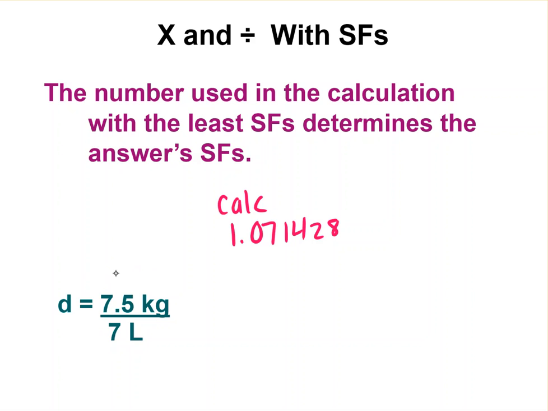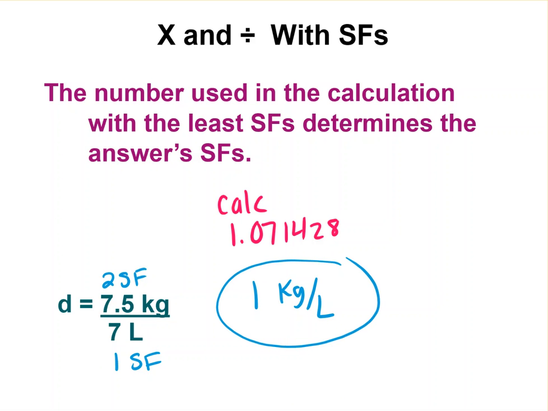So in other words, this top one has 2 sig figs. The bottom one only has 1 sig fig. And so we're limited by this one with 1 sig fig. We can only have 1 here. So we're going to round it to 1. When you write answers in science, always be sure you check to have the right number of sig figs, but also that you write your units.